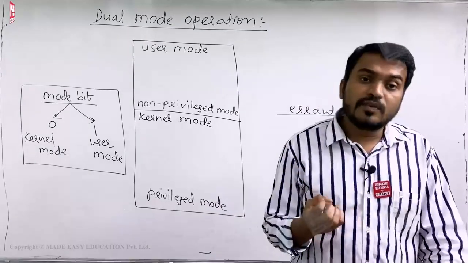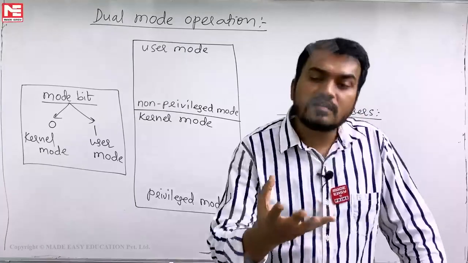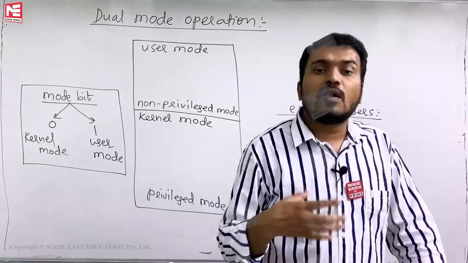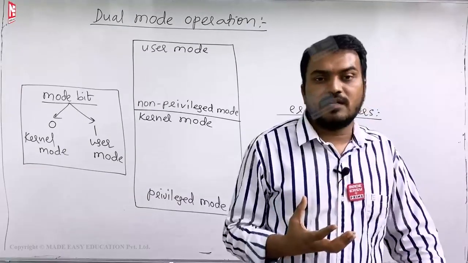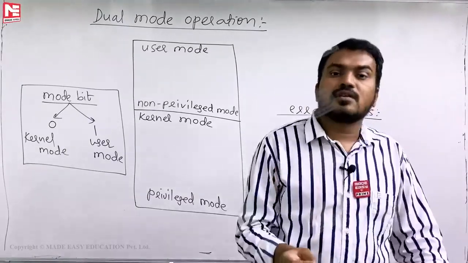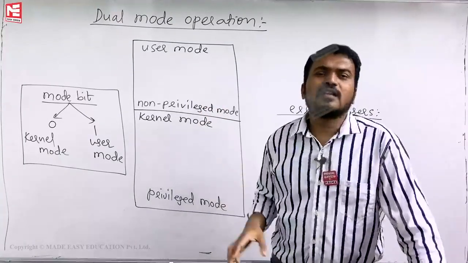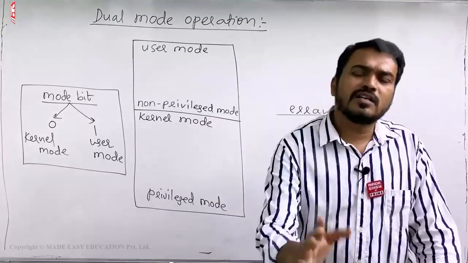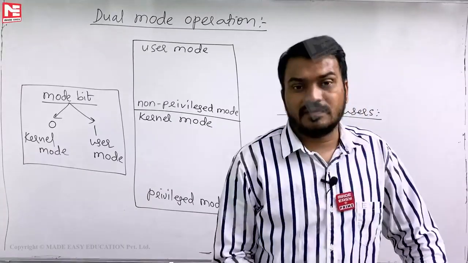Privileged instructions require more protection and security, like operating system instructions. The privileged instructions are executed in the kernel mode, and simple instructions like student process instructions will be executed in the user mode.